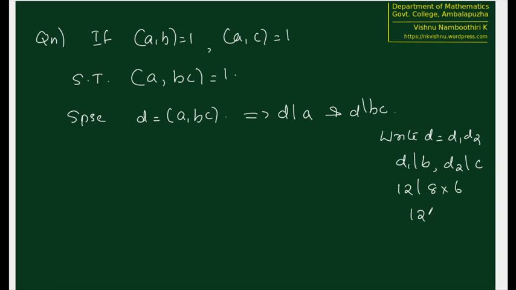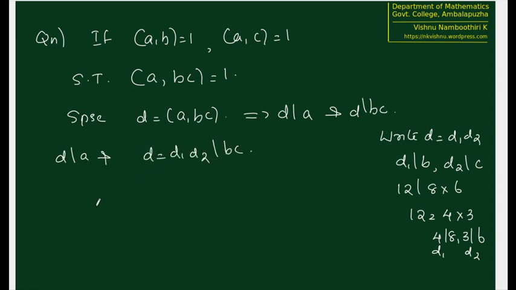So we write 12 is equal to 4 into 3, where 4 divides 8, 3 divides 6. So this is our D1, this is our D2, something like this. So we split this D into D1, D2. Now D divides A and D equal to D1, D2 divides BC.